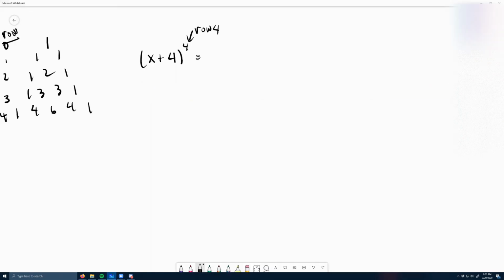So again, the pattern starts, since this is a 4 right here. So my first term is going to be x to the 4th. And then the 4, which is this, is to the 0 power. The next term is going to count down. This is now 4. This is the 4th.